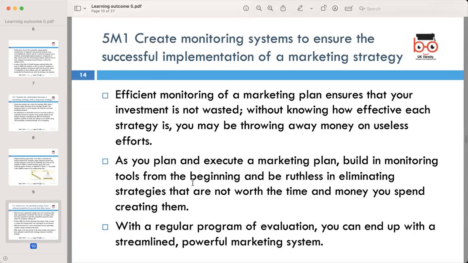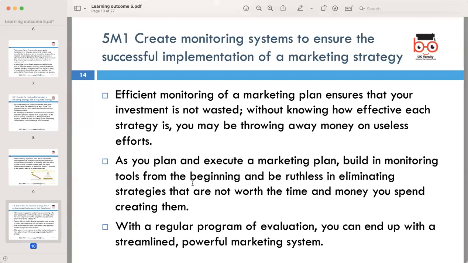As you plan and execute a marketing plan, build in monitoring tools from the beginning and be ruthless in eliminating strategies that are not worth the time and money you spend creating them. With a regular program of evaluation, you can end up with streamlined, powerful marketing systems.